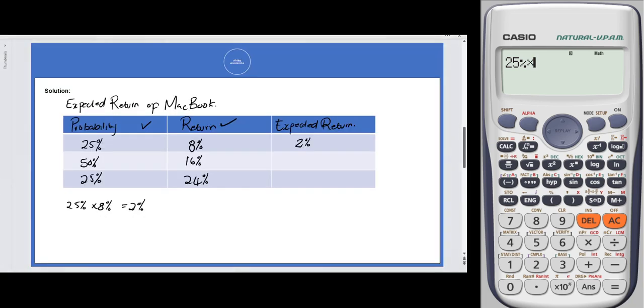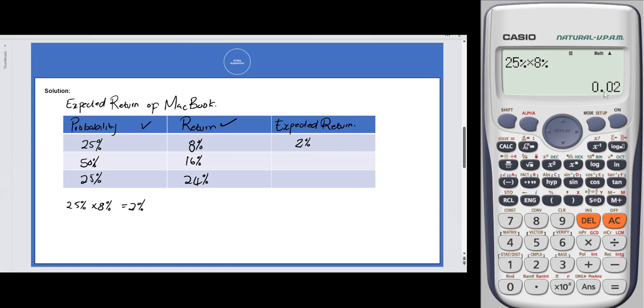So you'll say there 25 shift, and then there's a percentage sign there, and then you'll say times. Okay, 25% times 8%, you'll have 8 shift percent, right? Just like that. And then you'll press the equal sign. So you'll have 1 over 50.